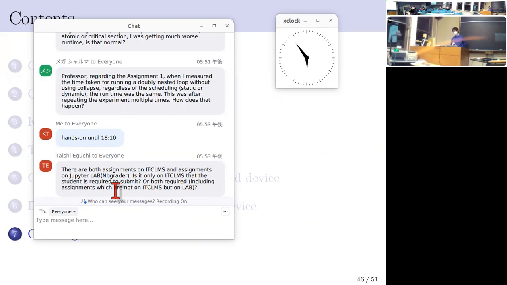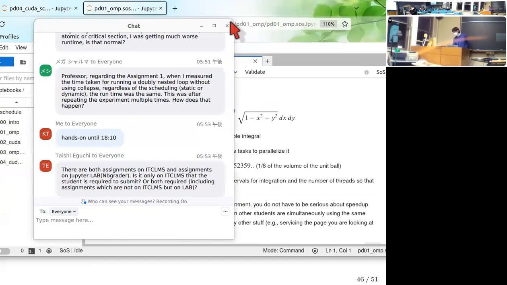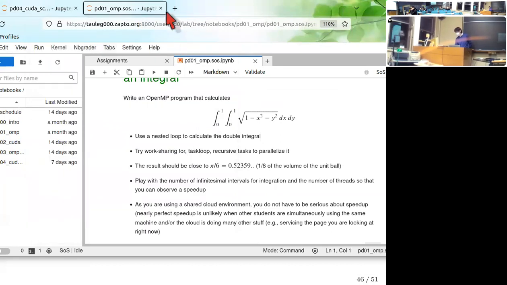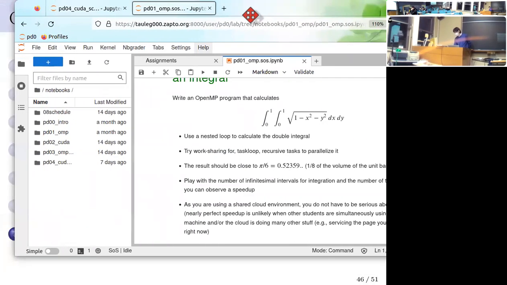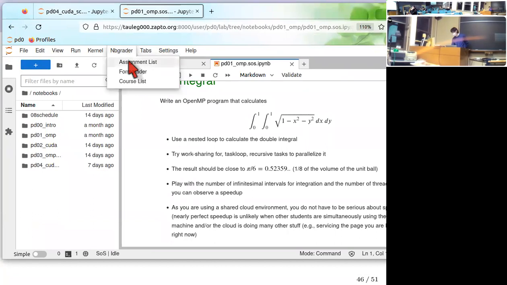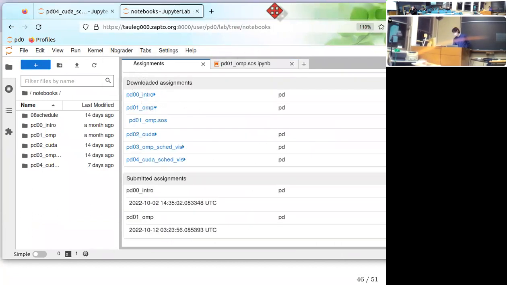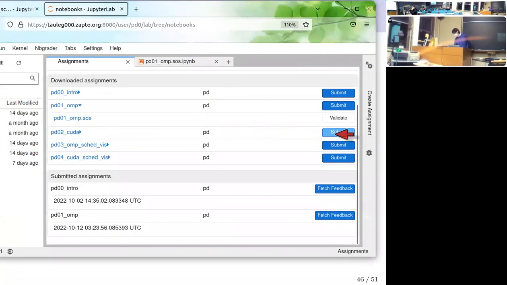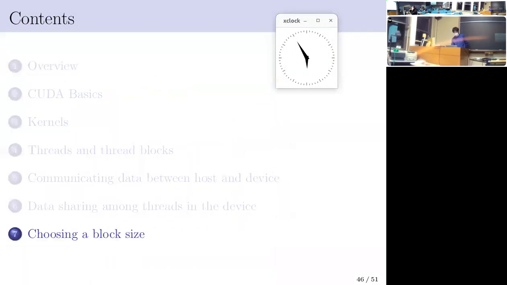So what you're supposed to do is do the submit operation on Jupyter first, just pressing this after you have done, and you're still supposed to write a short report.